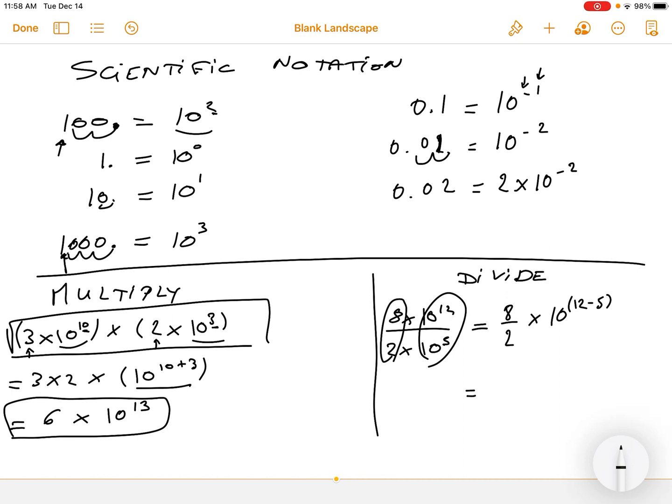So this will give you 8 divided by 2, that will give you 4, multiplied by 10 to the power of 7. So with this, we know that 2 by 10 to the power of 5 is 4 by 10 to the power of 7 times smaller than the number you have on the top. So you will have a few examples of that at the bottom of the first page of the lab.